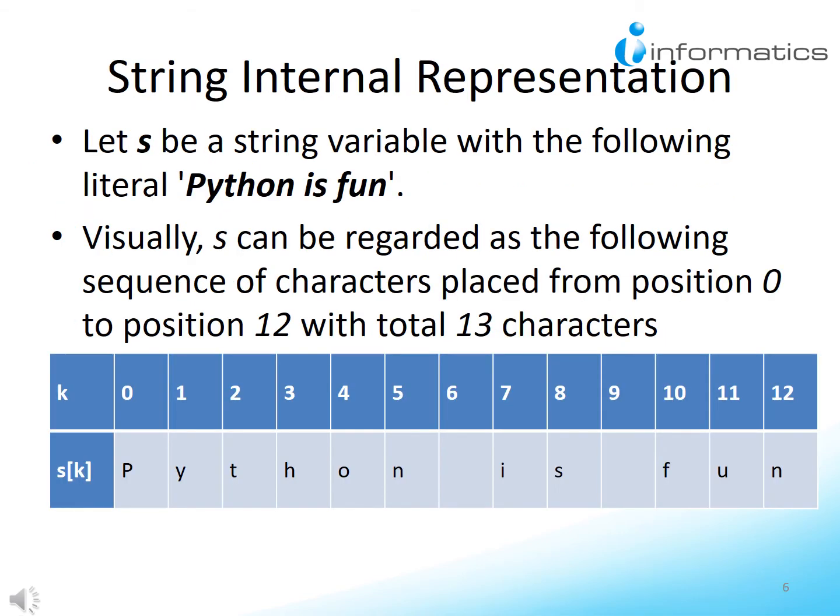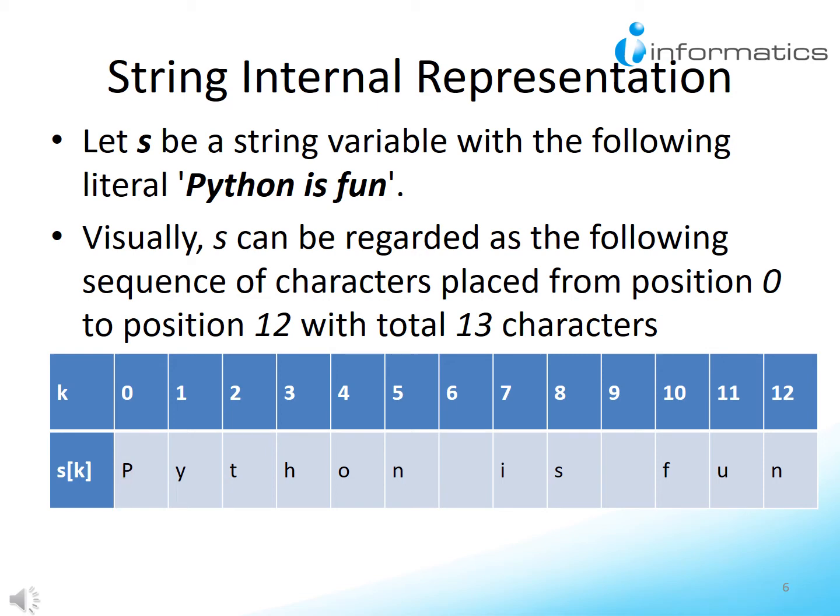Internally, a string is represented as a sequence of characters. For example, let s be a string variable with the value 'Python is fun'. The following table shows how s is stored internally as a sequence, or array, of characters. The first character, P, is stored at index 0.